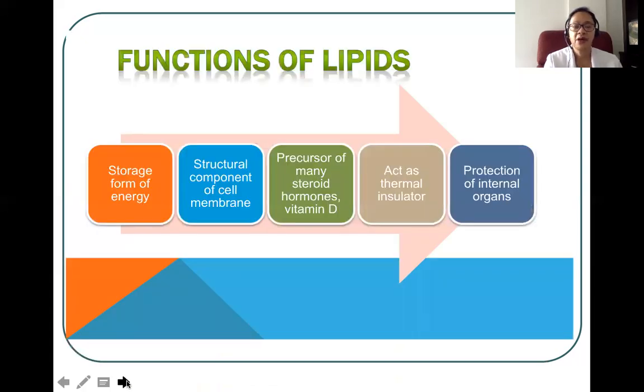So let's proceed. We will enumerate now the functions of lipids. Aside from making our food palatable, making it more yummy, there are a lot of functions of lipids other than that. It is a storage form of energy.